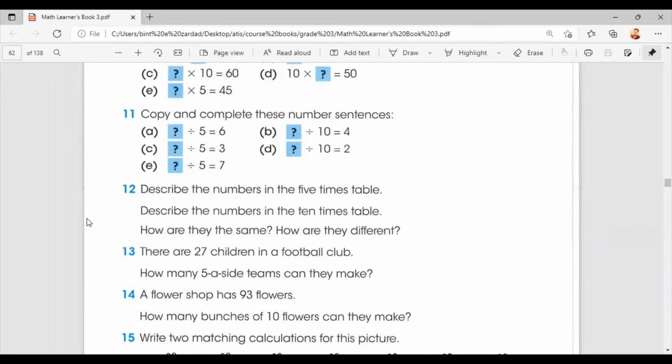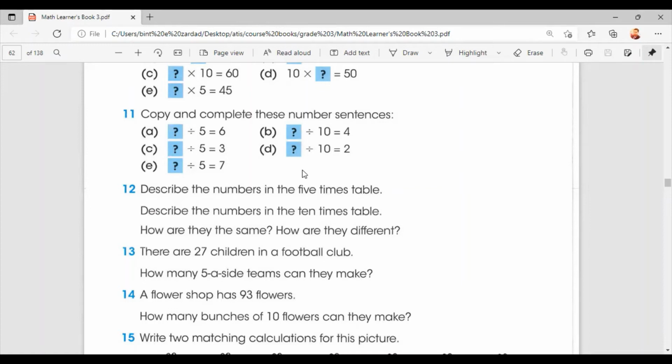The numbers in the 5 times table have 0 and 5 in the ones place. Even when starting from 5 multiplied by 0, 5 multiplied by 1, and so on, there is a pattern: 0, 5, 0, 5 in the ones digit.